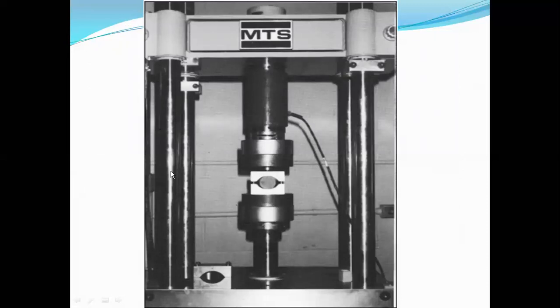Next one, this is another instrumental setup, in which this is the load we are applying, and then it's going to fail something like this. These diagrams I have included as part of this video lecture because even if you have not performed any laboratory work, I still wanted you to have some basic idea of how exactly these tests are carried out in the laboratory.